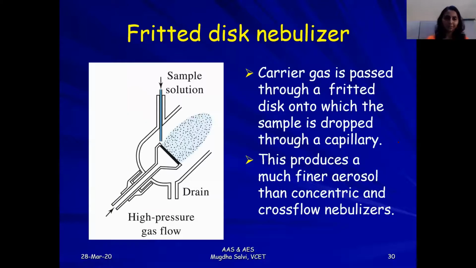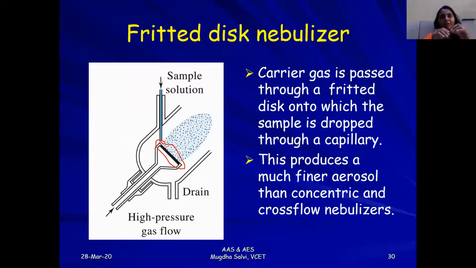Fritted disc. This you can see here is a disc. Now if I have a vibrating surface and I'm dropping a droplet of water onto it, what will happen?